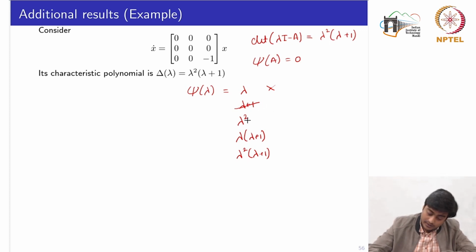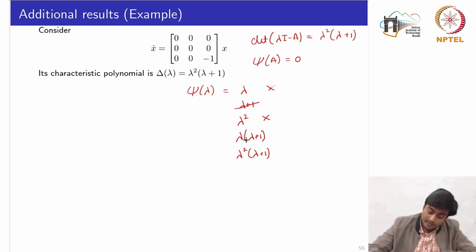So if we take this lambda square, again if I take the square of this matrix, if I replace lambda by A, it won't be equal to 0. So it is also not a minimal polynomial. Now if I see this part, lambda into lambda plus 1.